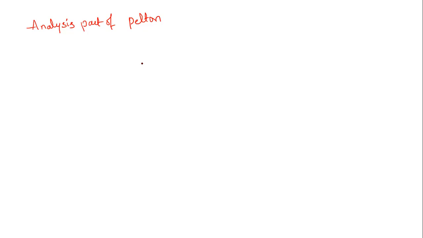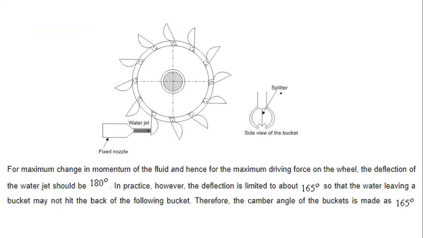Okay, so let us say these are the buckets of the Pelton wheel, and this is the jet which hits this. Here you can see what is called the splitter. This is the splitter. These are the buckets, and this is the splitter.